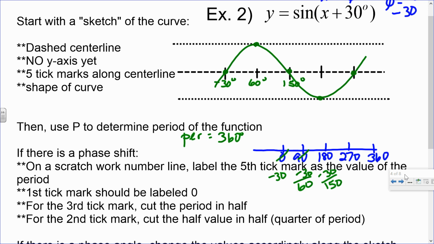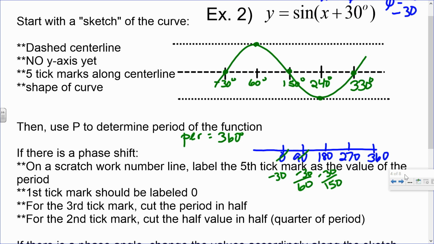The other thing you could do is to say, well, these two critical points, negative 30 and 60, are 90 apart. 60 and 150 are 90 apart. All critical points, therefore, are 90 degrees apart. So we could do 150 plus 90 is 240, if we liked that better than 270 minus 30. We could do 240 plus 90 is 330, if we like doing that better than 360 minus 30.